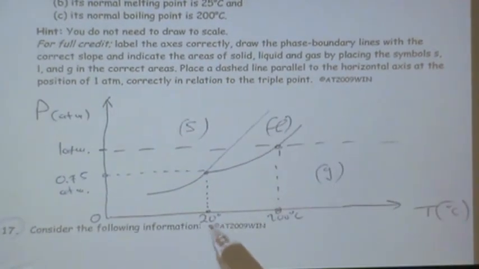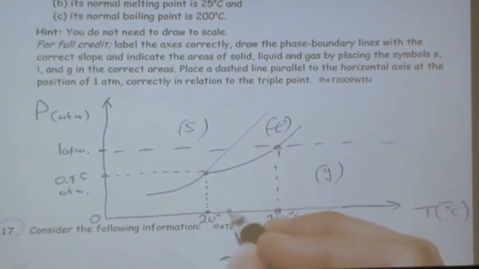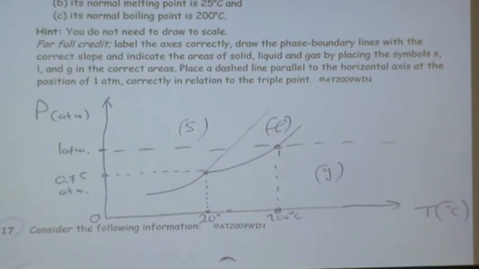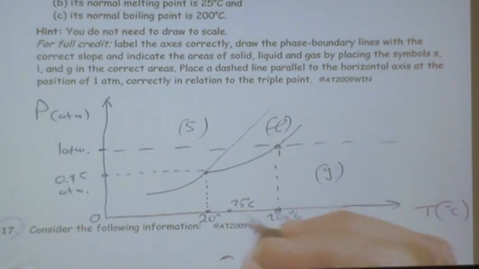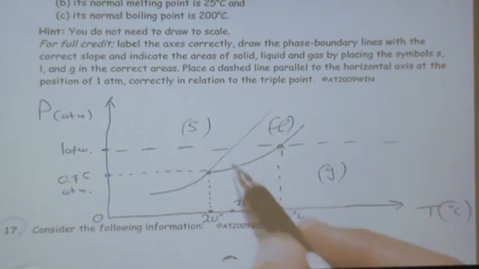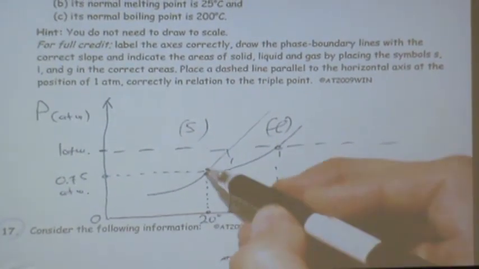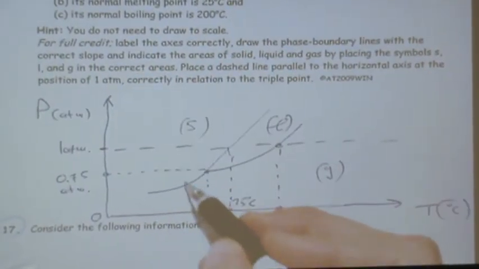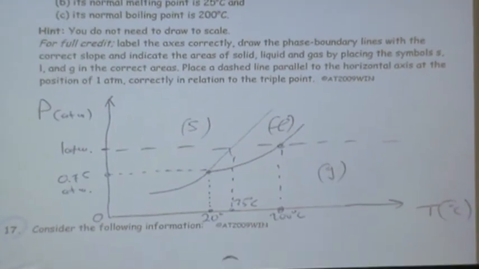So if the triple point is at 20, and the normal melting point is 25, it should be somewhere here, let's say somewhere here. We don't care about exactly, right? So it should be somewhere here, 25 degrees Celsius, that would be the melting point. Does that make sense? In 1 atmosphere? Yes, it makes sense, you can see it. It could not be this way, because then, if it was like this, the normal melting point should have been less than 20 degrees.